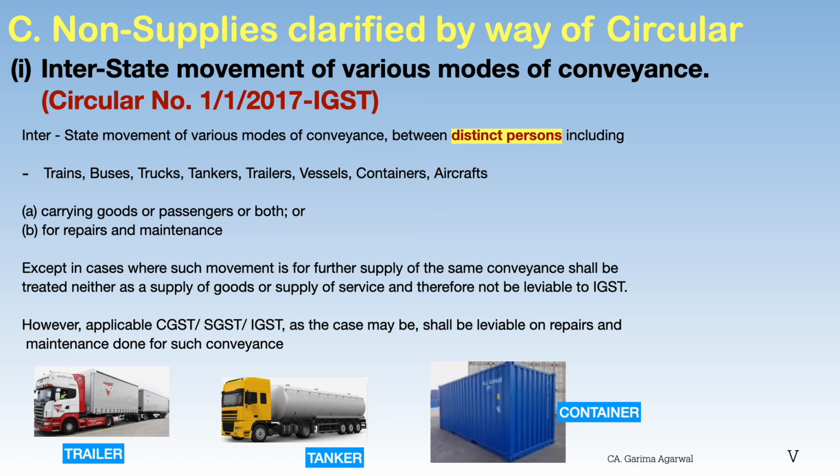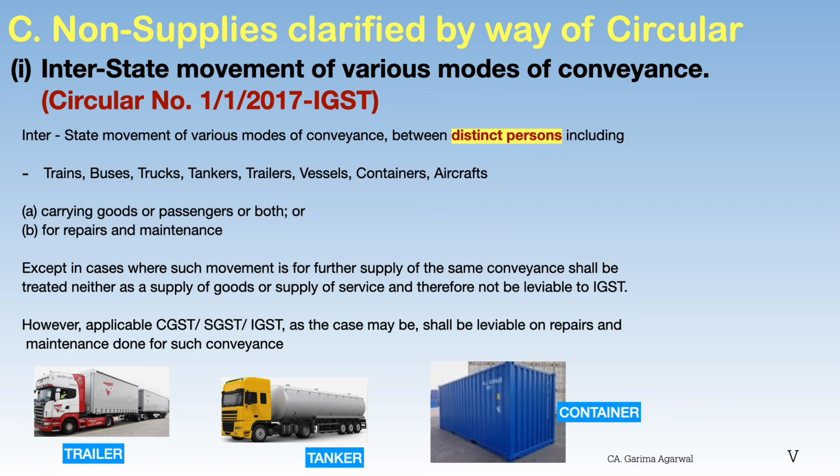Distinct persons we had already discussed earlier, but let me clarify again. If a business has branches in two different states, those branches are not treated as one single entity, as they have different GST numbers.